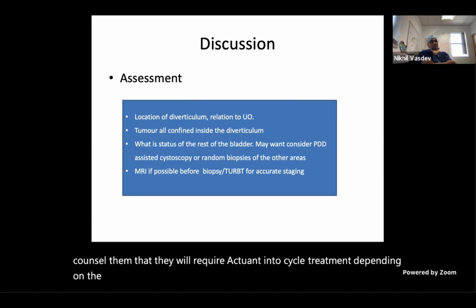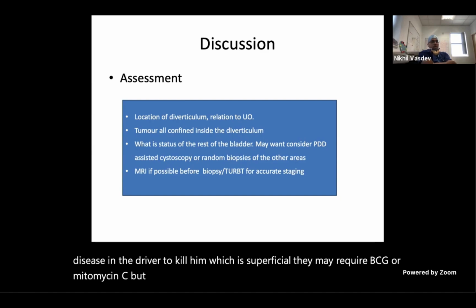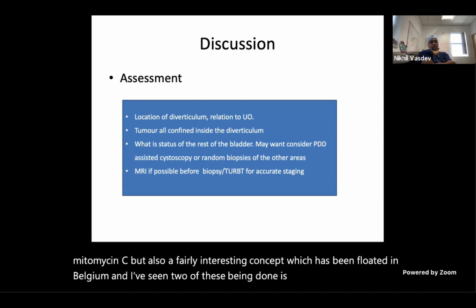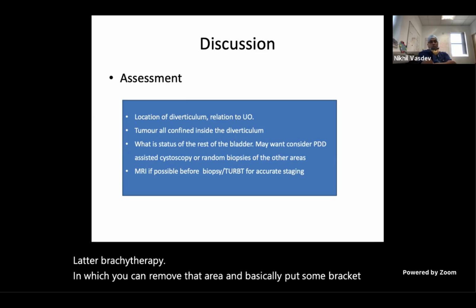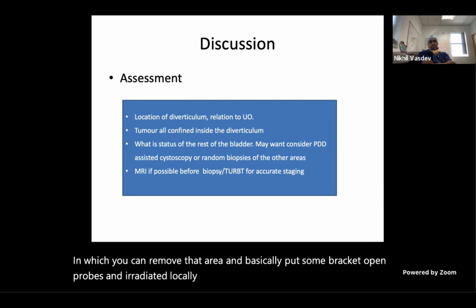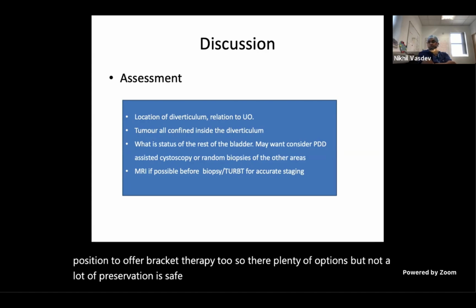So if they have high-grade disease in the diverticulum, which is superficial, they may require BCG or mitomycin C. But also a fairly interesting concept which has been floated in Belgium, and I've seen 2 of these being done, is bladder brachytherapy, in which you can remove that area and put some brachytherapy probes and irradiate it locally. But obviously your center must be in a position to offer brachytherapy too. So there are plenty of options, but bladder preservation is safe with regular follow-up in these patients, Bhavan. That's what I would say.